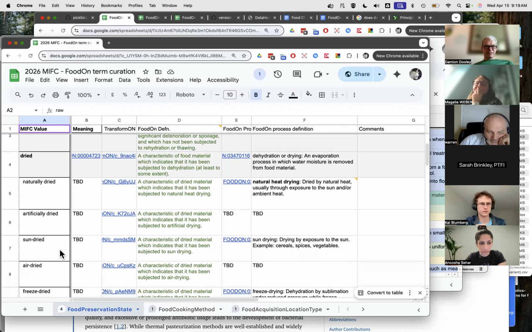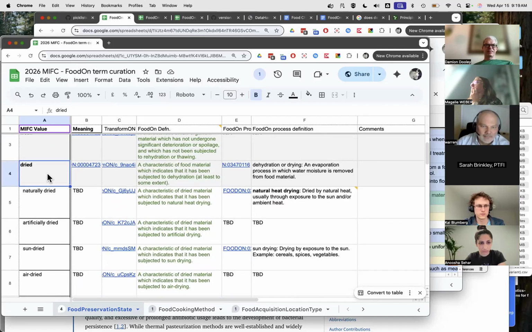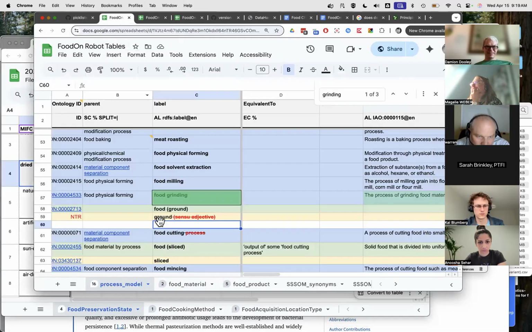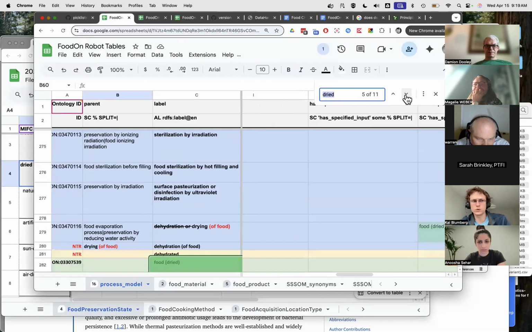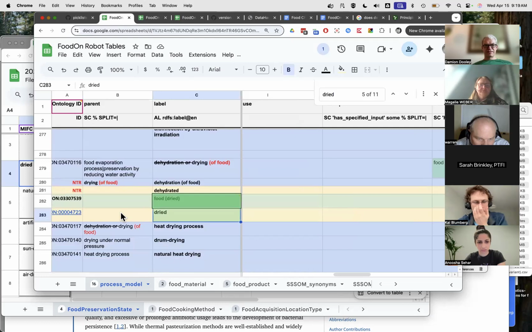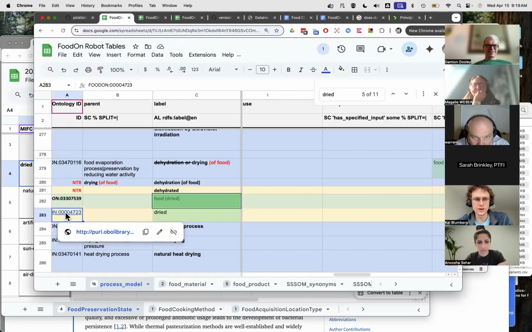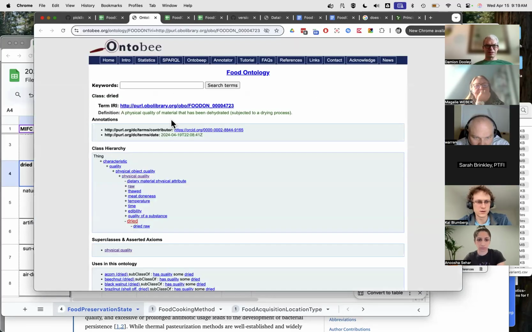Coming in, the process to get the FoodOn process table up to date is to check to see if a characteristic is in here. At the end of the day, these resources should pretty much mirror each other. MIFC is not trying to be FoodOn. It's just trying to import terms that would be in FoodOn. Exactly, so we have to provide the granularity to support that.